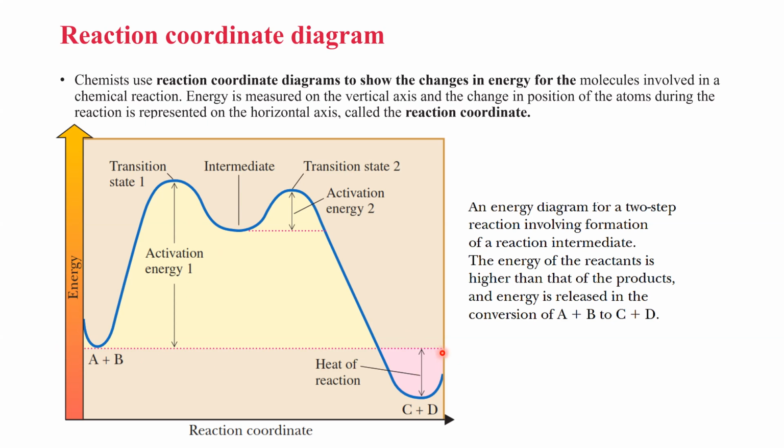And the C plus D, which is the product, is less than A plus B. It means the reactants have to lose that amount of energy to convert into the product. It means energy is being released to the system, right? So that is an exothermic reaction, and the delta H sign is negative.